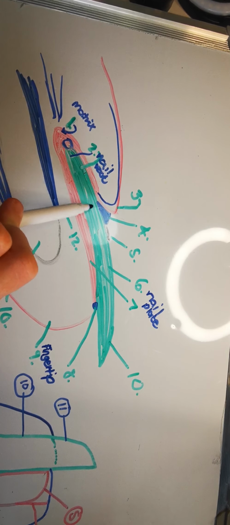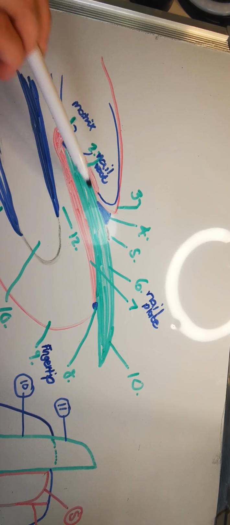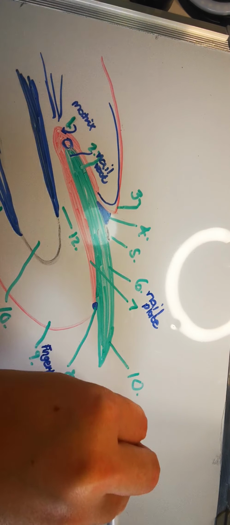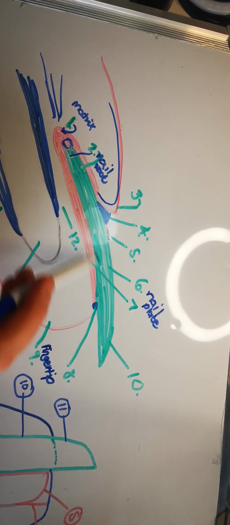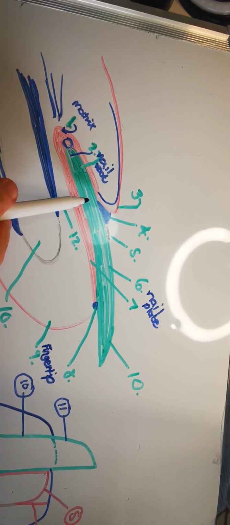So it squashes all the keratin cells together and it produces a nail. The reason why the nail grows is because it's constantly pushing out keratin cells. Okay, but this whole part here is dead. It's not alive.